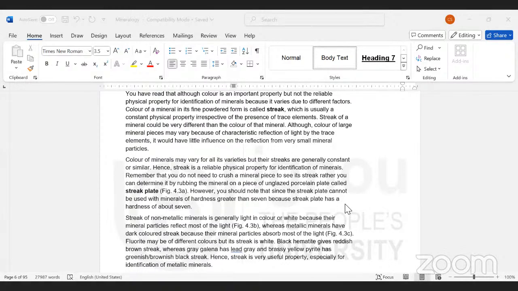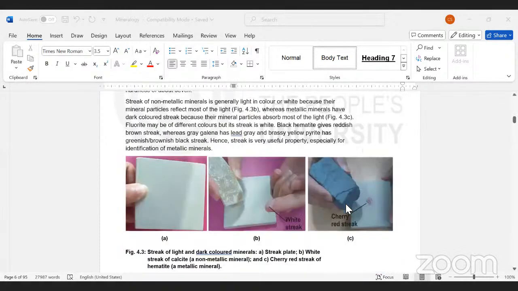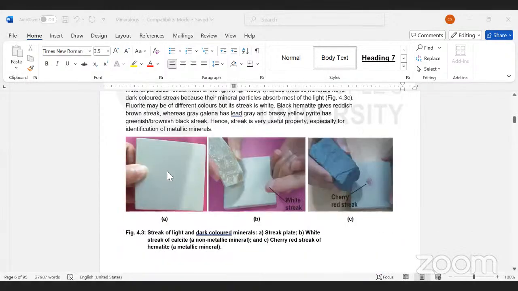Once you scratch or streak on a streak plate, this you see here is a streak plate, and it is a calcite mineral. Now, hold your calcite mineral and just scratch on the streak plate.